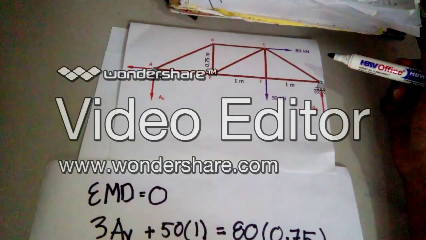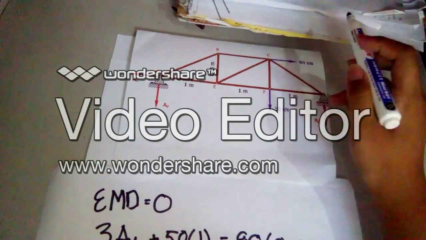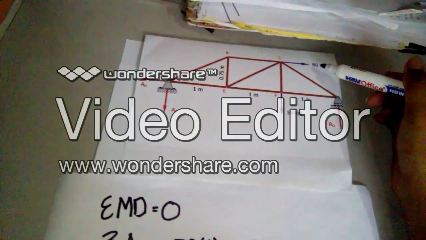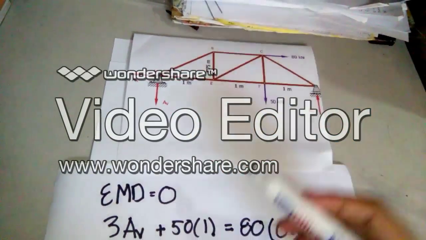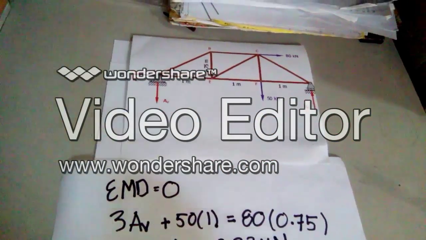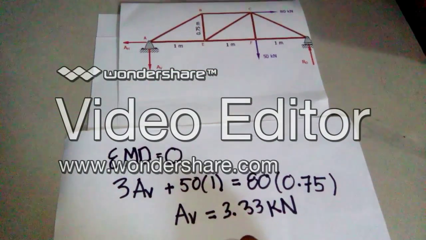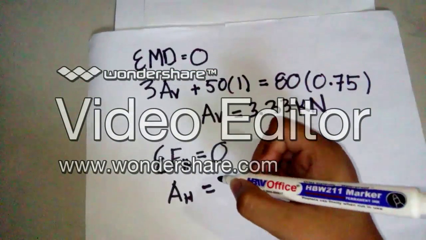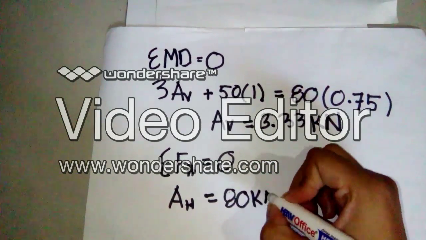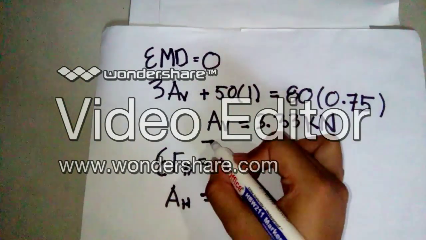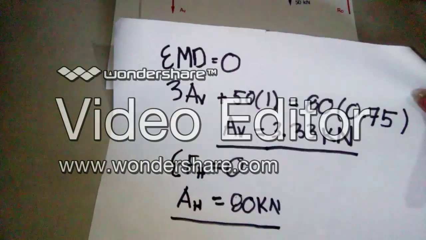The only horizontal forces in this equation are the 80 kilonewton and the AH, so AH, or the horizontal force in A, is equal to 80 kilonewton.